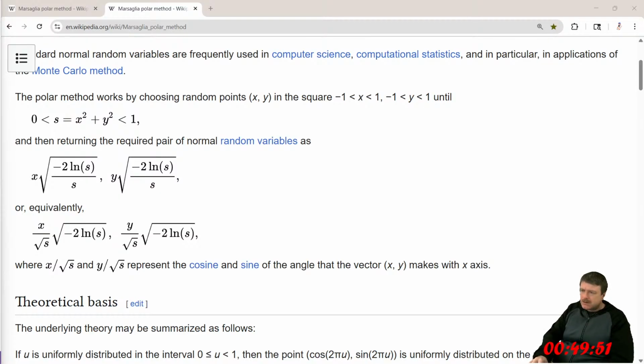Is it like the natural logarithm squared and we're taking a derivative or something? And then it's over S. Every time I see S, I think of the Laplace transform. It's hard for me. Are we in S domain?